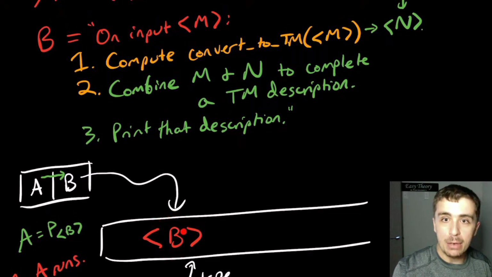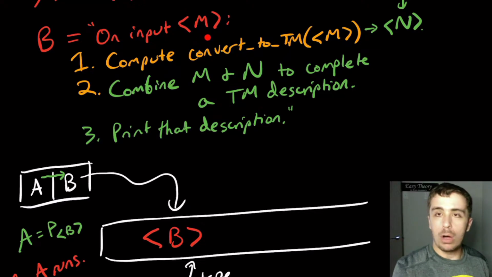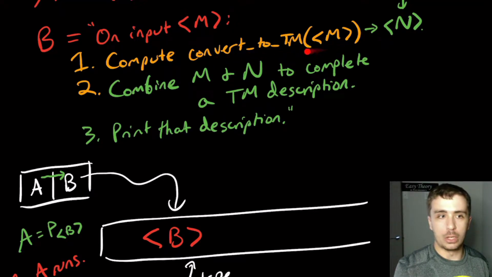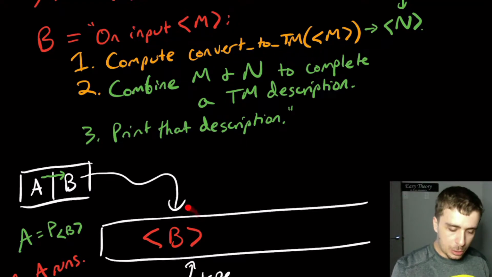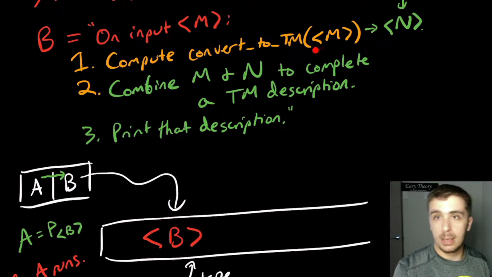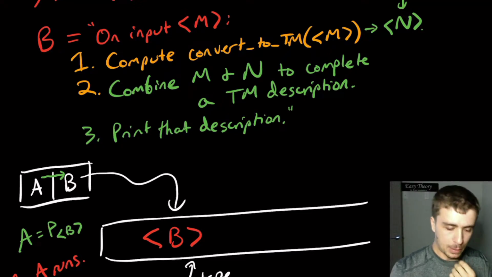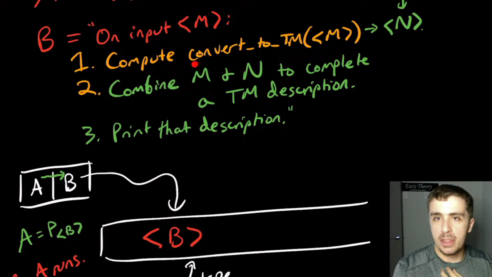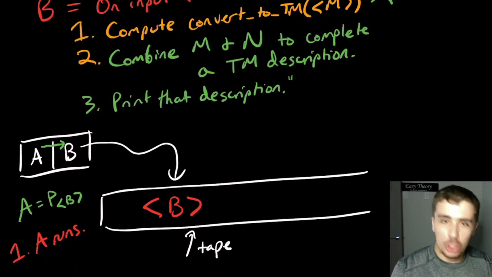This B down here is the same as this M up here. So all that we're going to do now is compute the convert to Turing machine function right here. It sees the input right here. B is M. And so it's going to compute this right here. Well, let's see. This N right here is the convert to Turing machine function on B. Well, isn't that just what A actually is?